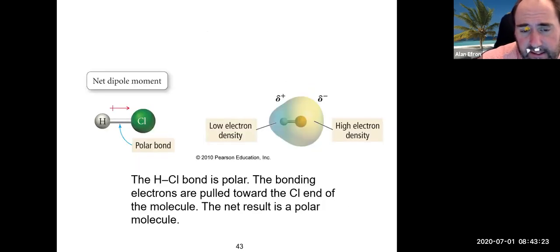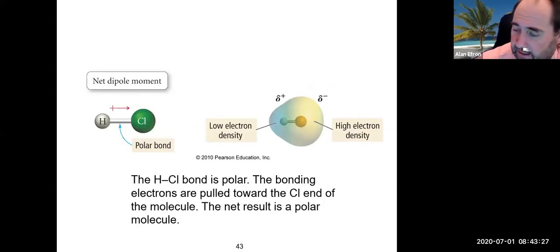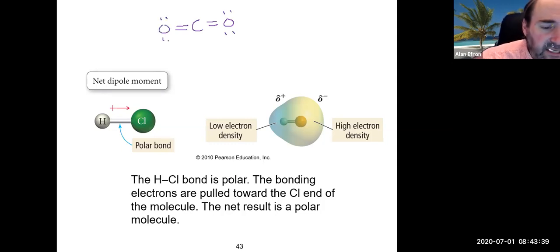So let's take a look here, for example. Let's take a look at this guy. Let's take a look at CO2. So CO2, when we look between the carbon and the oxygen, we know that the carbon and the oxygen is a polar bond.